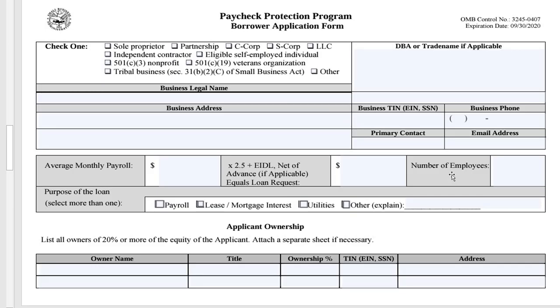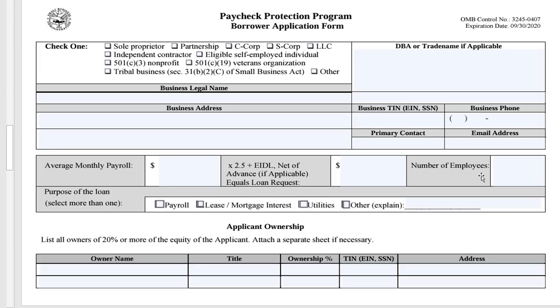The SBA could have simplified this or demystified it by simply putting the word average here or somewhere in the box, or they could have placed a box under the number of employees where it allows you to check off the year you're using, or if you're using the preceding 12 months from the date of application or the then monthly average, that you can indicate that by checking off a box.